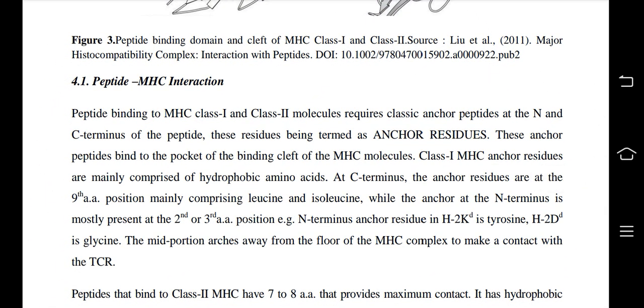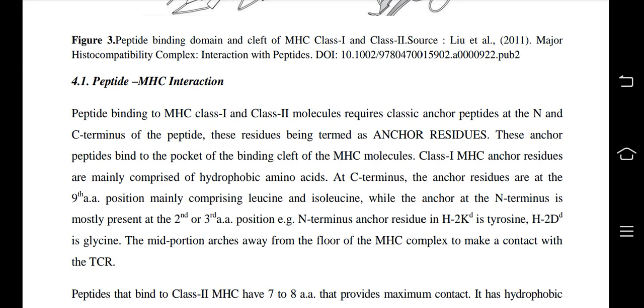Peptide-MHC interaction. Peptide binding to MHC class 1 and class 2 molecules requires classic anchor residues at the N and C terminus of the peptide. These residues may be termed anchor residues. These anchor residues bind to the pocket of the binding cleft of the MHC molecule. Class 1 MHC anchor residues are mainly comprised of hydrophobic amino acids.